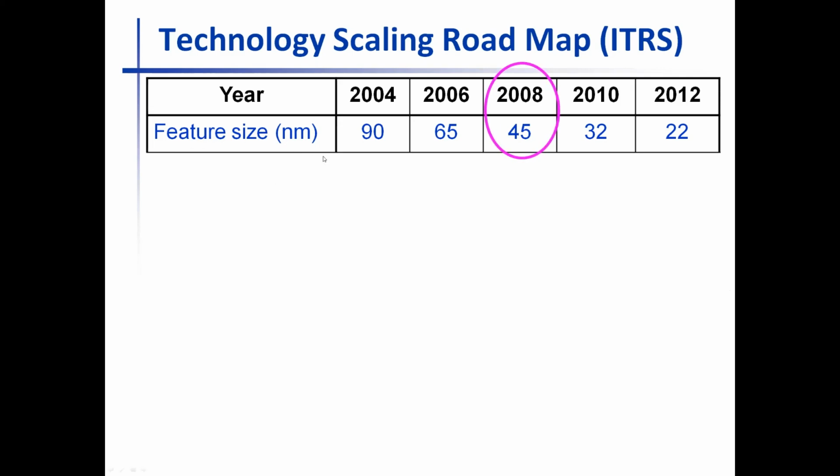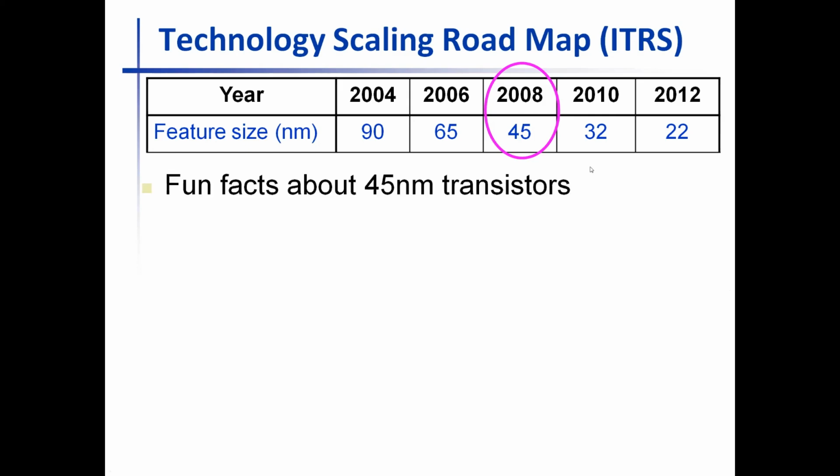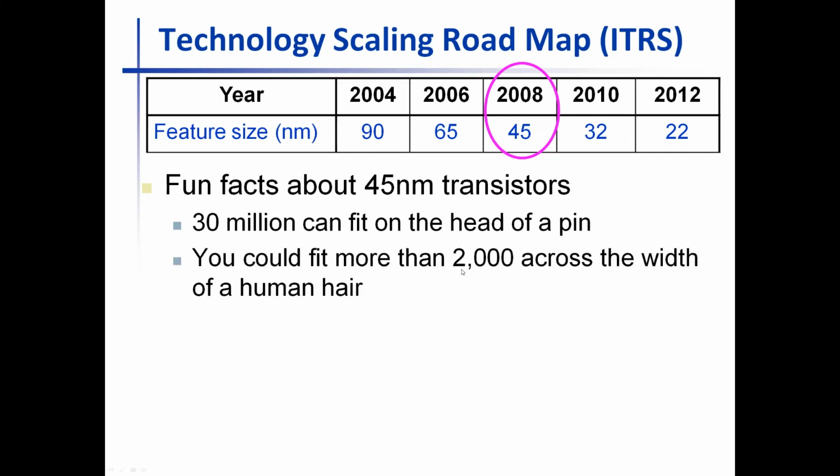Before we get into the detail, let me point out a couple of fun facts about this 45 nanometer technology. With 45 nanometer feature size, you could fit 30 million transistors into the head of a little pin, right? So you can imagine how tiny a distance we are talking about here.